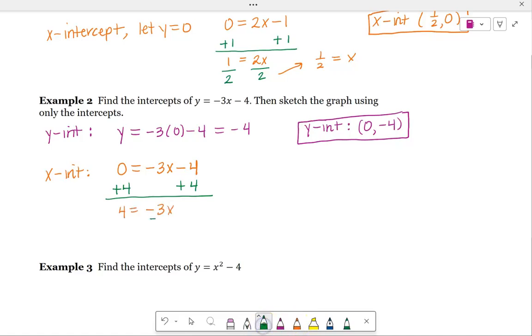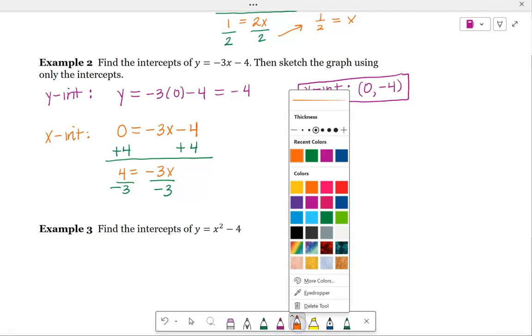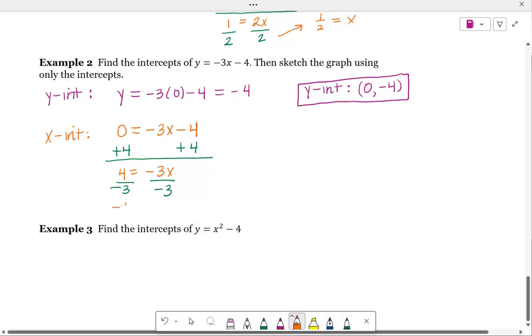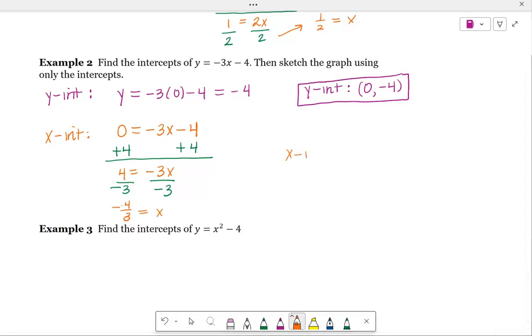And then I'll divide both sides by -3. So it looks like I'm getting -4/3 is equal to x. So my x-intercept is -4/3, comma 0.